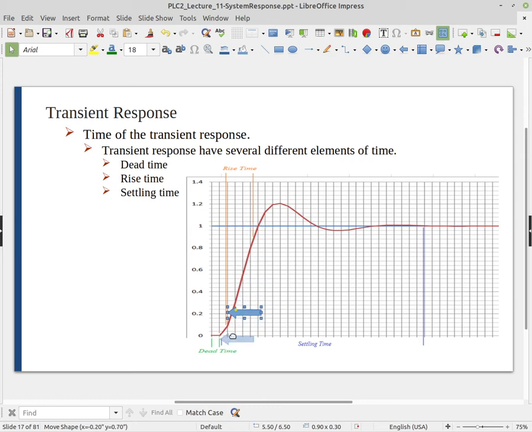All right, and so the dead time is the amount of time it takes for us to even see the system start to respond. Now, part of that dead time, if we're using the PLC, is due to the delay within the PLC. I mentioned in a different lecture that there's an automatic delay built into the scan of a PLC.